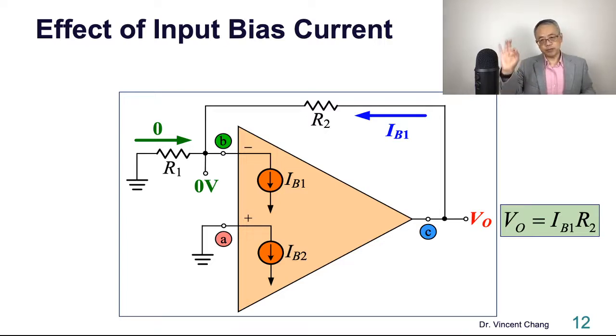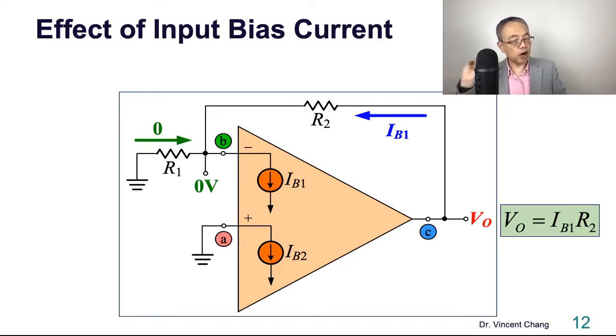If you remember, toward the end of the previous lecture, we saw an issue from the output offset voltage coming from the input offset voltage. And now there's another issue coming from the bias current, which keeps pushing the output offset voltage up, right?